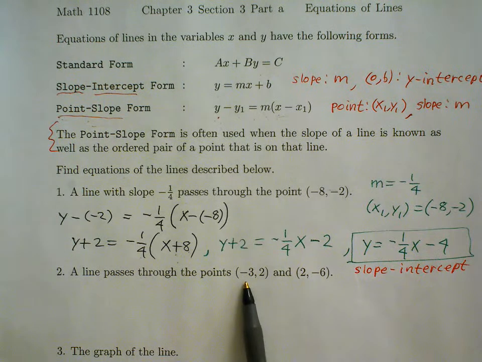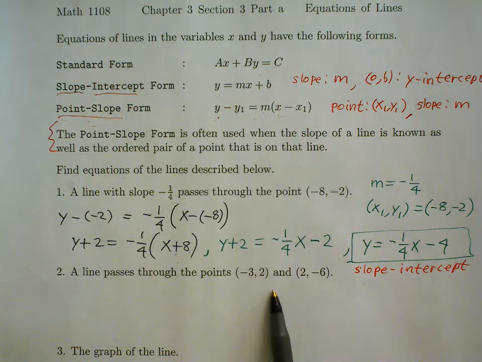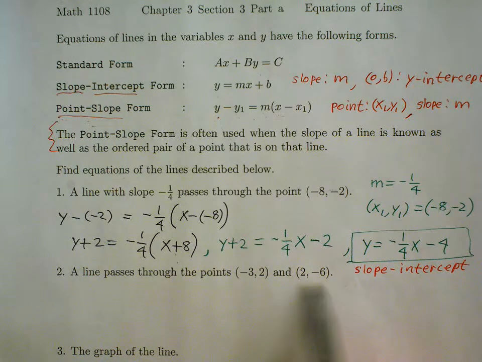Since we're given the ordered pairs of 2 points on the line, we can find the slope by using the slope formula. So let's go ahead and find the slope of the line that passes through those 2 points.